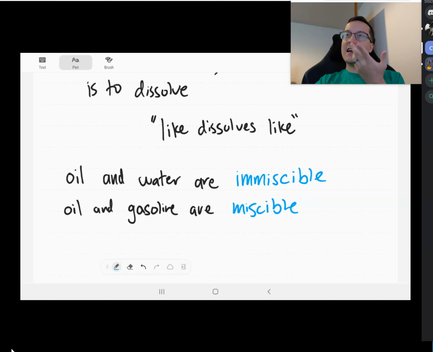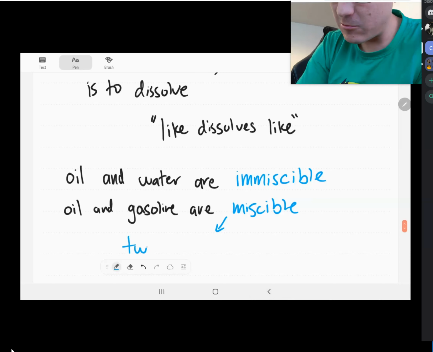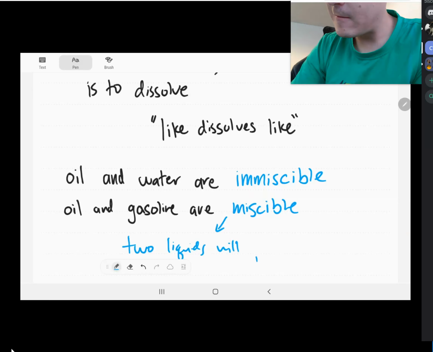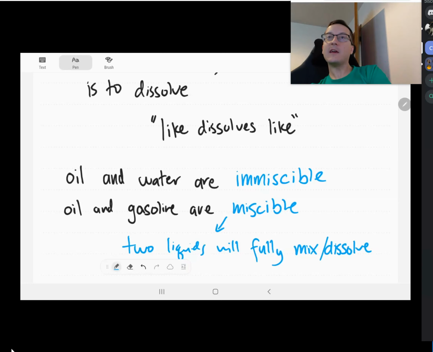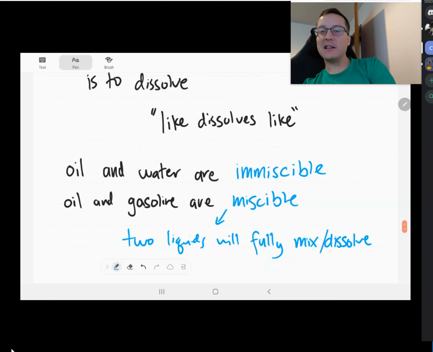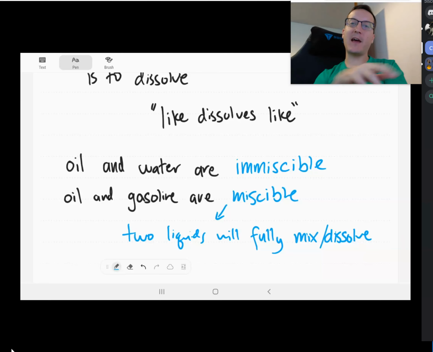Yeah, it's pretty much exactly, mixable. It means that two liquids will fully mix or dissolve. And interestingly, when you're dealing with liquids, you know that if you keep adding salt to some water, there's going to be a point at which that salt will no longer dissolve.